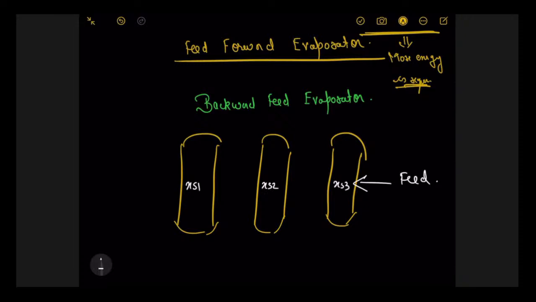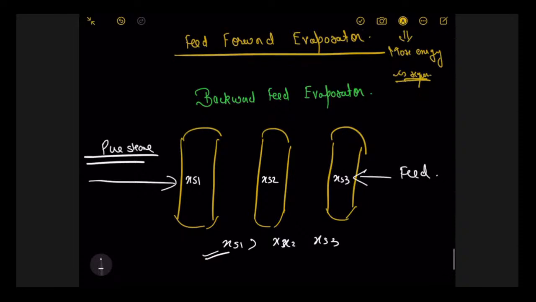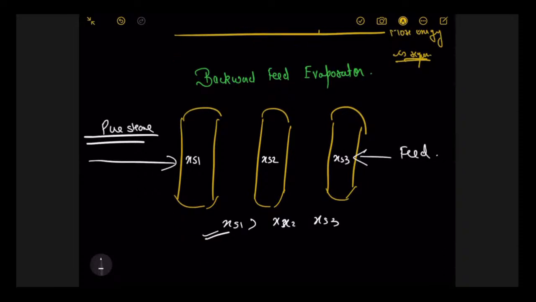Now we know that xs1 is greater than xs2 is greater than xs3, and you are giving pure steam to the first one. So this will help to enhance the evaporation. But again, there is one problem: as you enter steam at the first, P1, P2, P3, we know that P1 is greater than P2 is greater than P3.